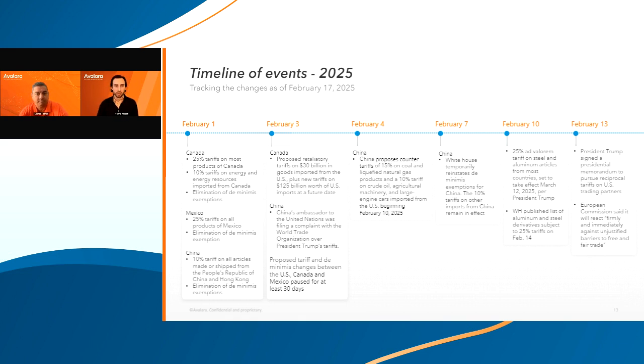February 10th hits, and 25% tariffs on all steel and aluminum imports are announced, effective March 12th. Previous trade agreements on steel and aluminum have been revoked. This now affects key trading partners such as the EU, Japan, Canada, Mexico, and a much longer list as well.